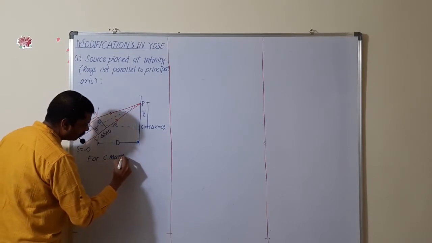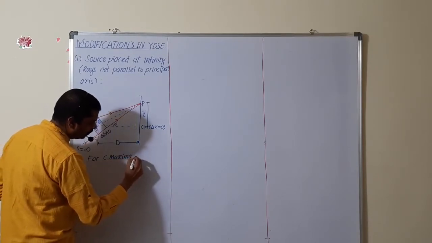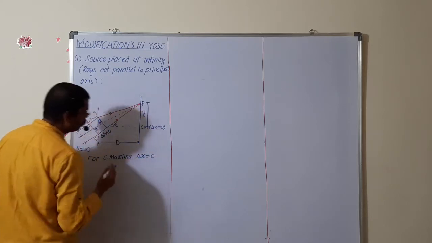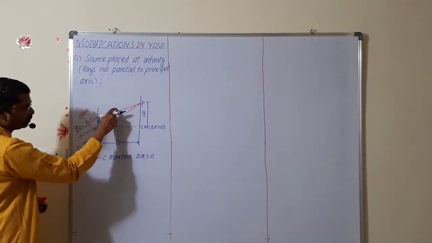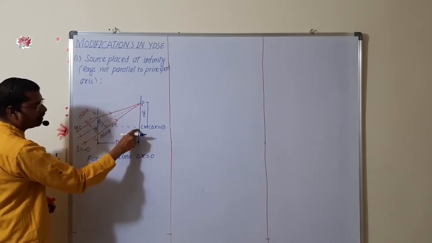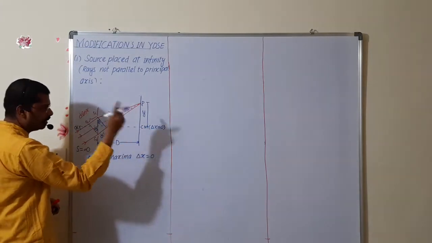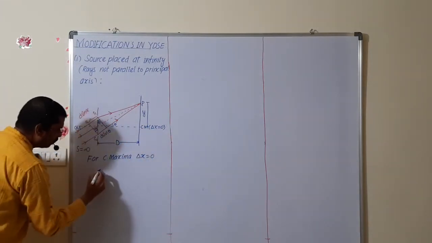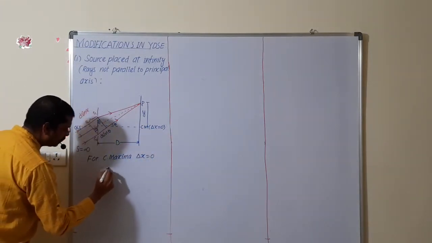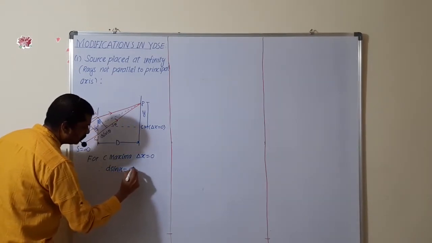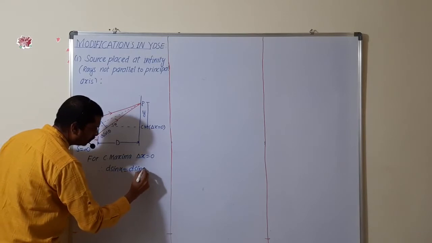Now for the central maxima condition, delta x equals 0. Delta x equals 0 means these two rays are meeting at the point C, the central maxima. So I can write d sin alpha equals d sin theta.